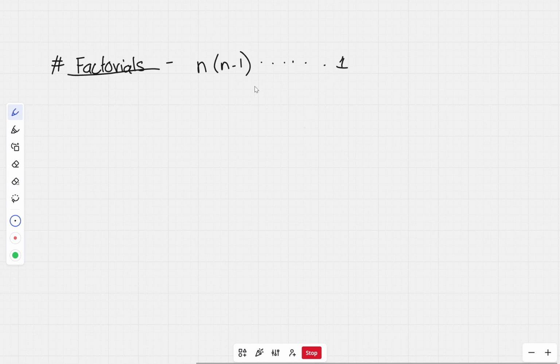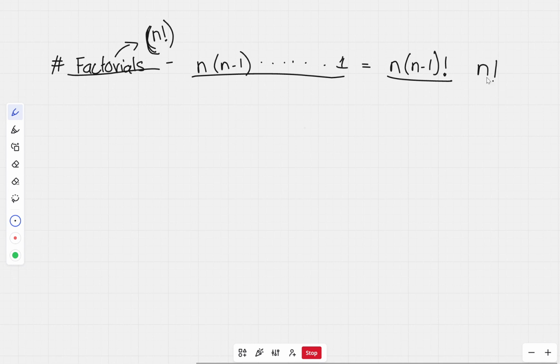This is the formula, and the notation for factorial is an exclamation mark after the number n, where n can be any whole number from 0 upwards. We can basically write this as n into n minus 1 factorial, which is the same as n factorial. So yeah, this is about factorials.